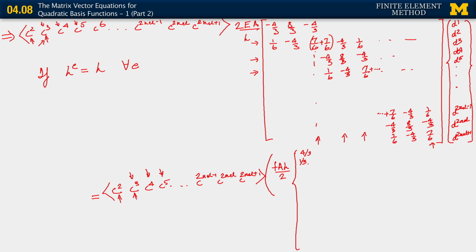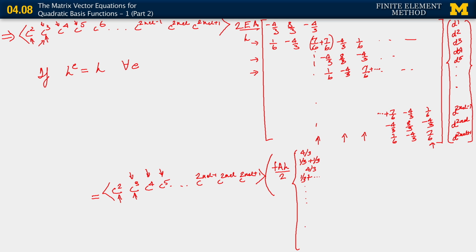If we go back and look at how we wrote the sum over elements of the contributions from the forcing function, we see that we do indeed get a 1/3 being added here. We get 4/3 from the C4 degree of freedom, and we get a 1/3. But this 1/3 will then be joined by another 1/3 from element 3.